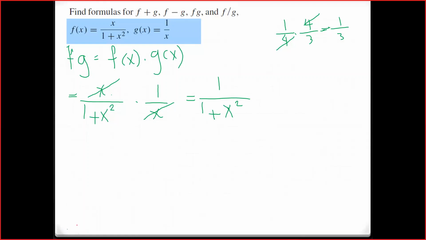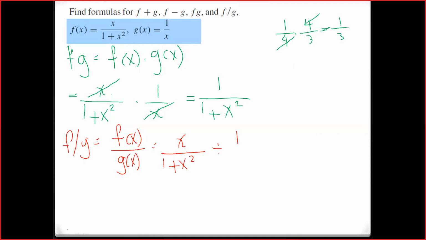Now, f over g. It is f of x over g of x. So it is x over 1 plus x squared divided by 1 over x. Now, if you divide a fraction by a fraction, do you remember what you have to do? Like 1 over 4 divided by 4 over 3 as an example.